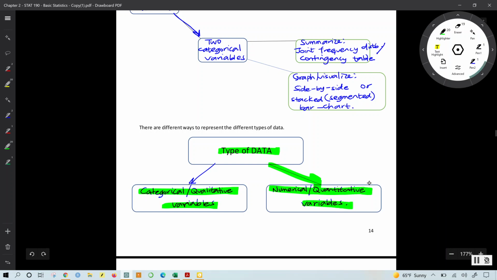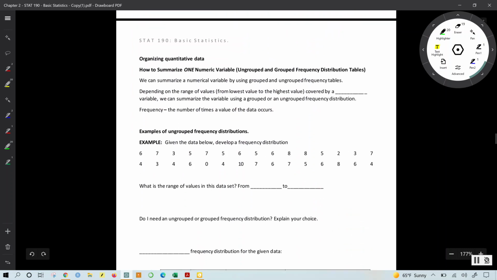So at this point, we're going to throw a spotlight on numerical or quantitative variables. We proceed to page 15, and that takes us to organizing or presenting quantitative or numerical data.